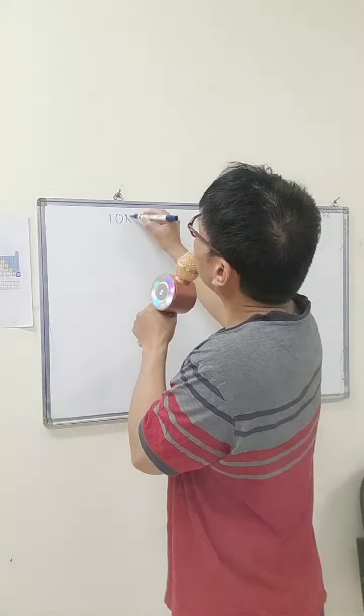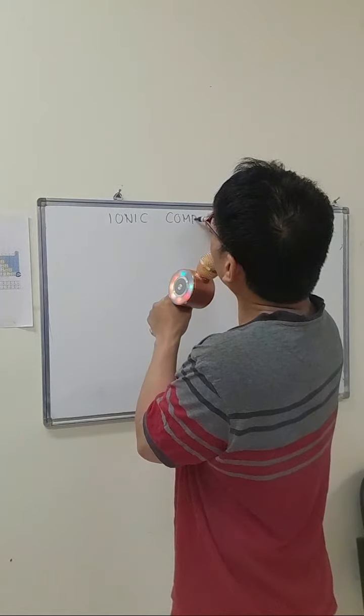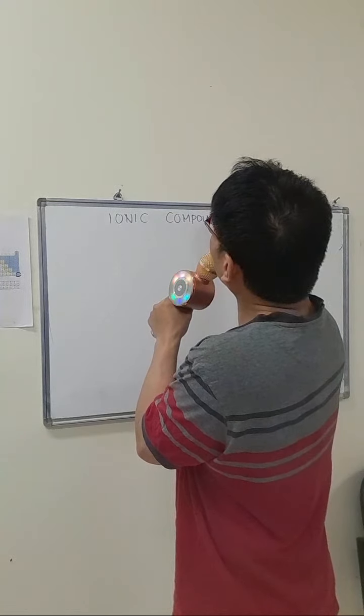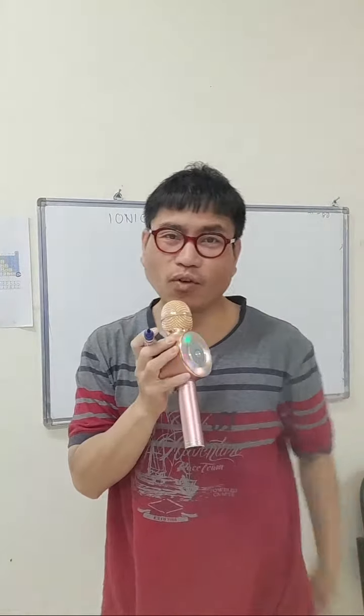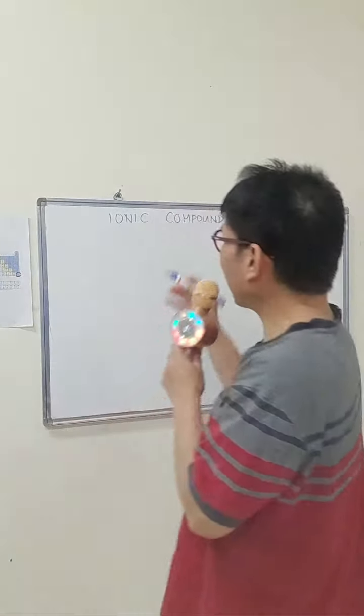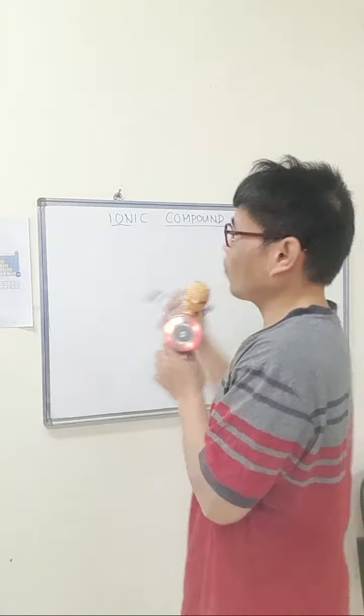Ionic compound. Okay, so before going further, we need to investigate first the terminologies involved in this topic. We have the ion and we have the compound. So, what do you mean by an ion?